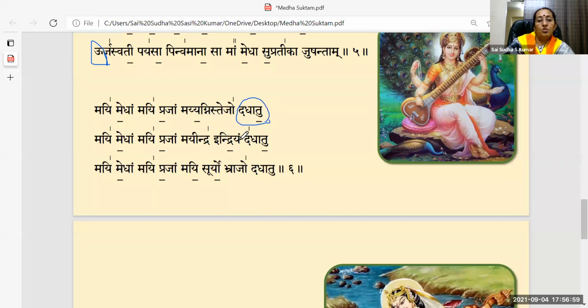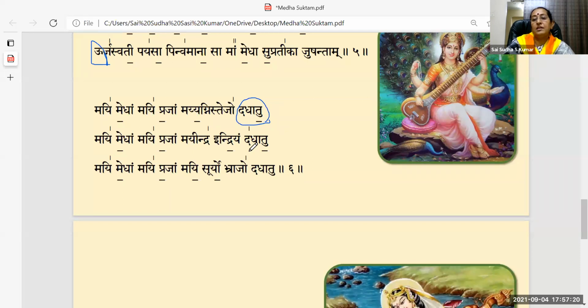When the Anuswara is followed by it, the Anunasik sound will be the one that falls in the ta varga: ta, tha, da, dha, na.